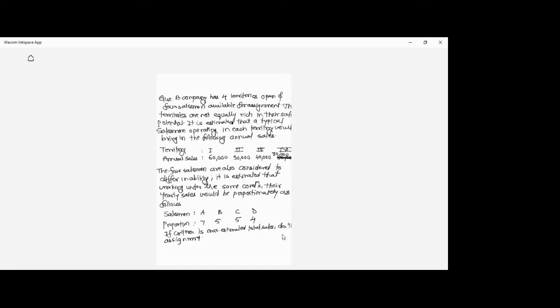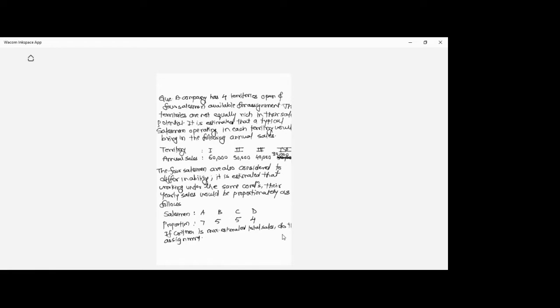Now they haven't given any cost matrix, they haven't given anything other than this. So what we are going to do is generate ourselves the sales that these salesmen can generate.